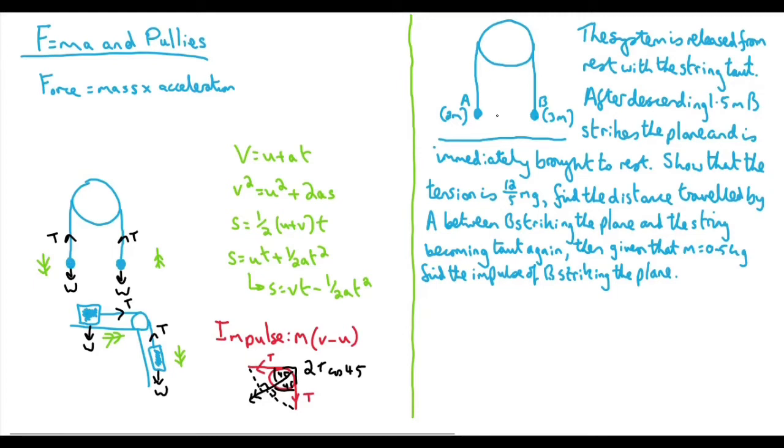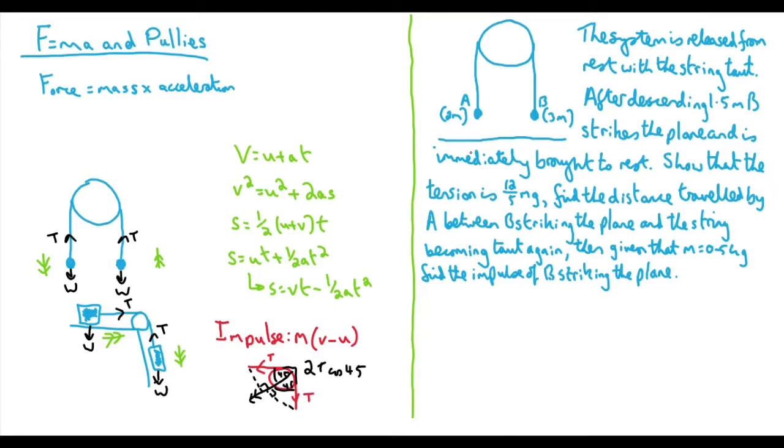After descending 1.5 meters, B strikes the plane on the bottom, the floor, and is immediately brought to rest. Show that the tension is 12/5 mg. Find the distance travelled by A between B striking the plane and the string becoming taut again. And then, given that m = 0.5 kilograms, find the impulse of B striking the plane.